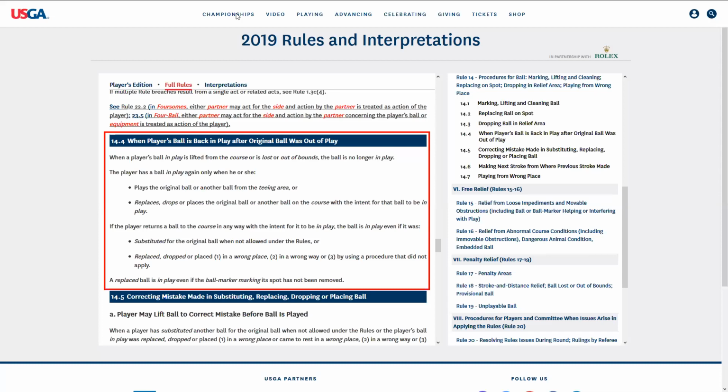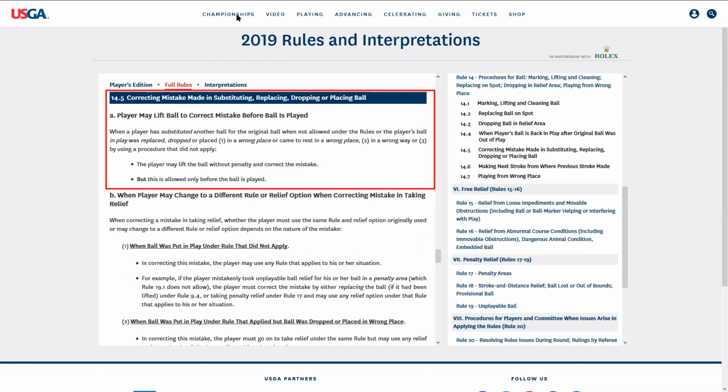All right, 14.5. Correcting mistake made in substituting, replacing, dropping, or placing. This is the so-called eraser rule. This used to be the old Rule 20-6.